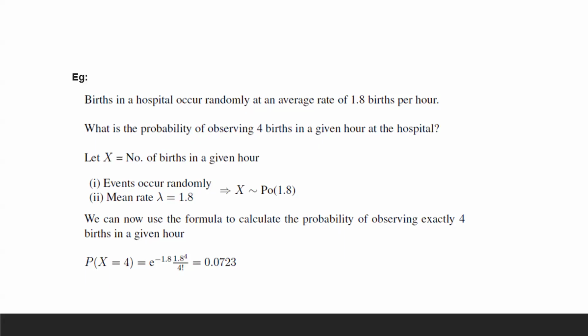The probability is for x equal to 4, because the question asks for the probability of observing 4 births in a given hour at the hospital. e is already known. Lambda is also given: the lambda value is 1.8. Then you can calculate likewise.